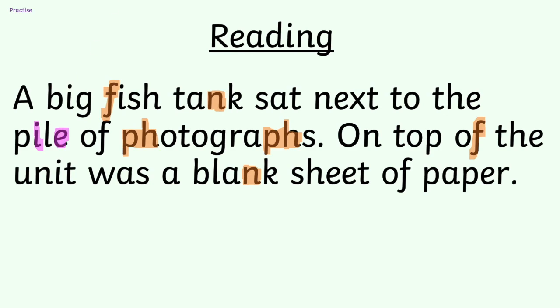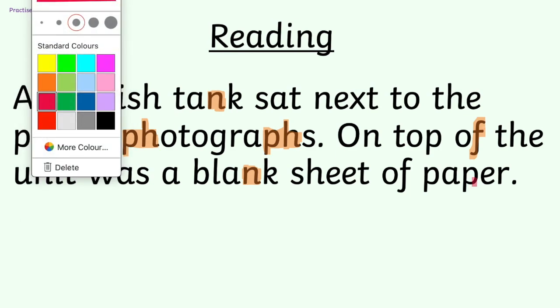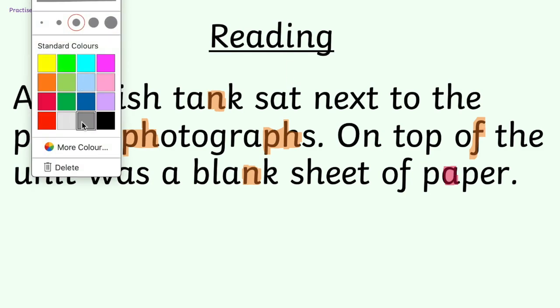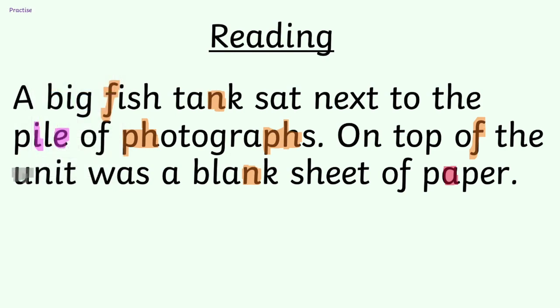This was a bit of a harder one to spot. It's being made with this A by itself down in paper. And what about the U sound? Can you find for me the U sound? Did you spot it? It's down there in unit, being spelled with a U by itself.